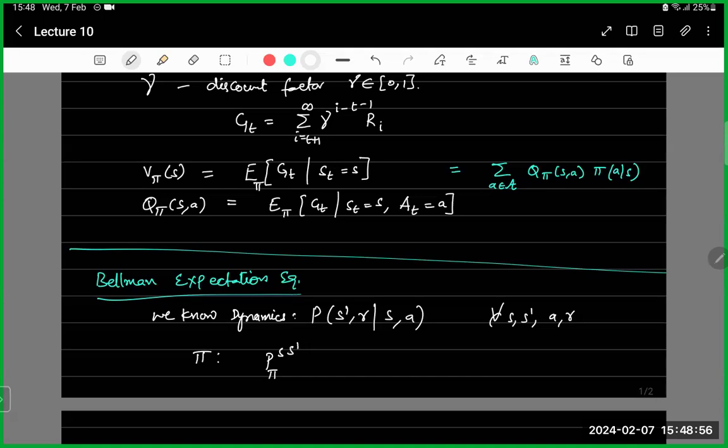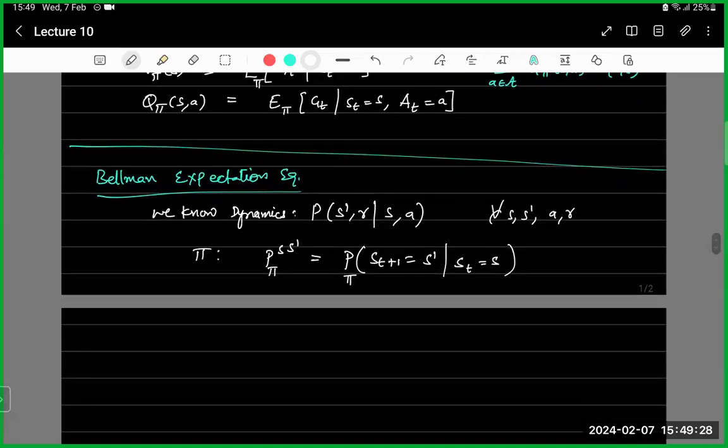I'll denote it like this: the probability that s t plus 1 equals S dash given s t equals S, following policy pi.